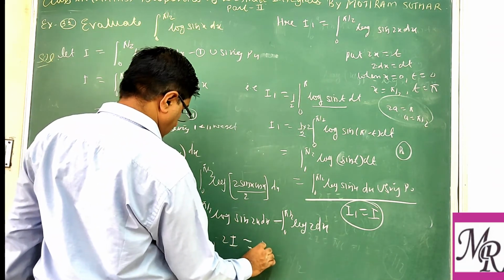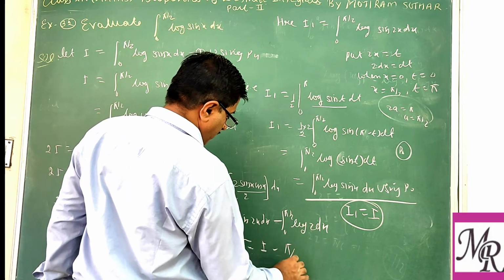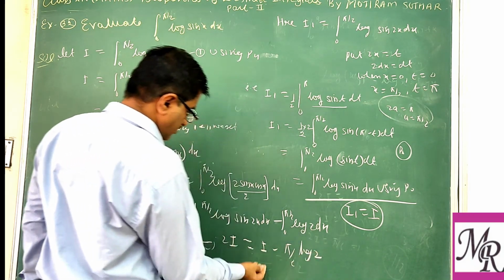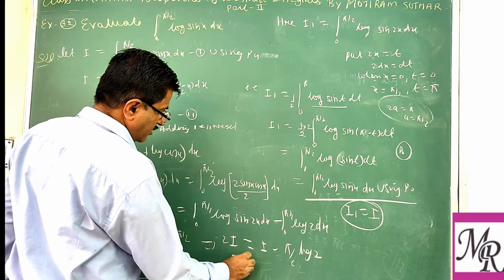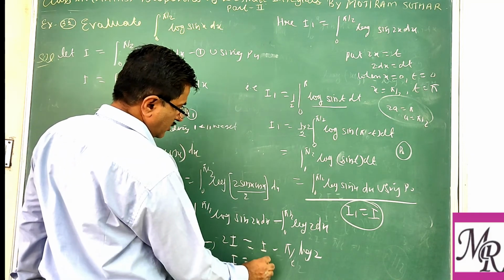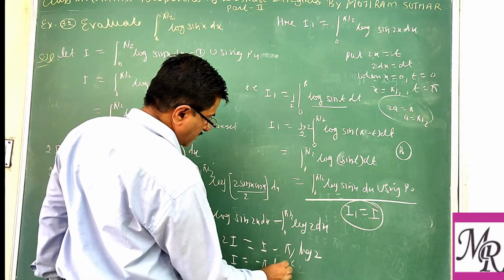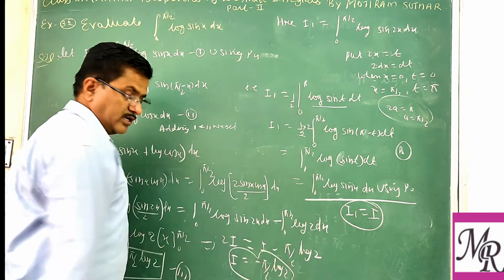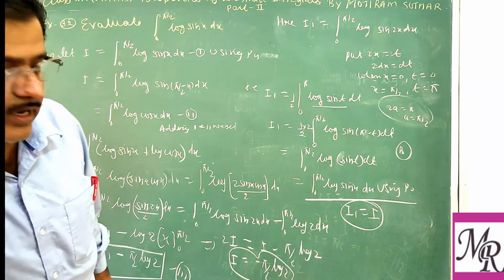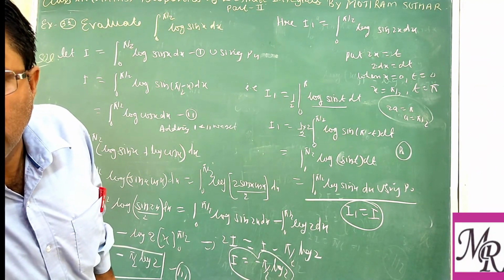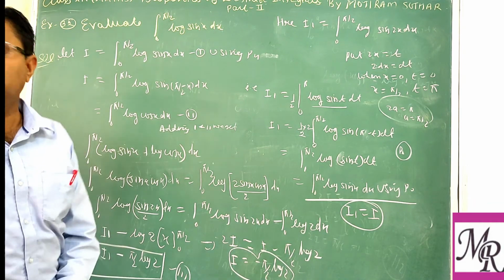2I equal to I minus pi by 2 log 2. So transferring I to this side, 2I minus I is I. So the final answer is I equal to minus pi by 2 log 2. Clear?